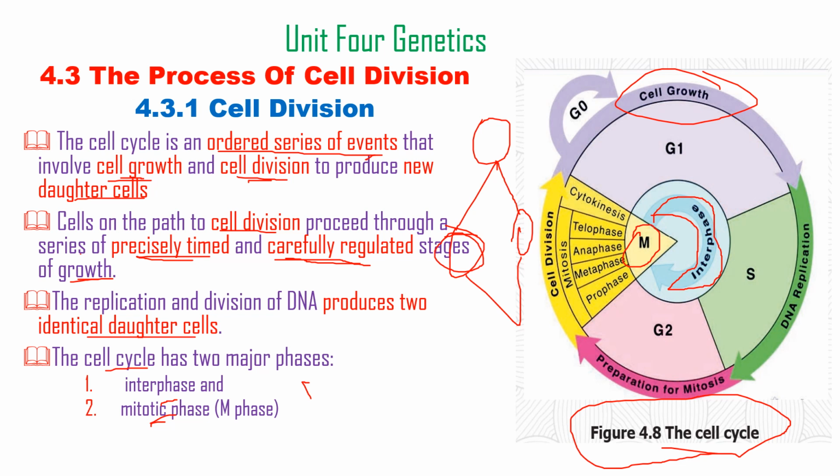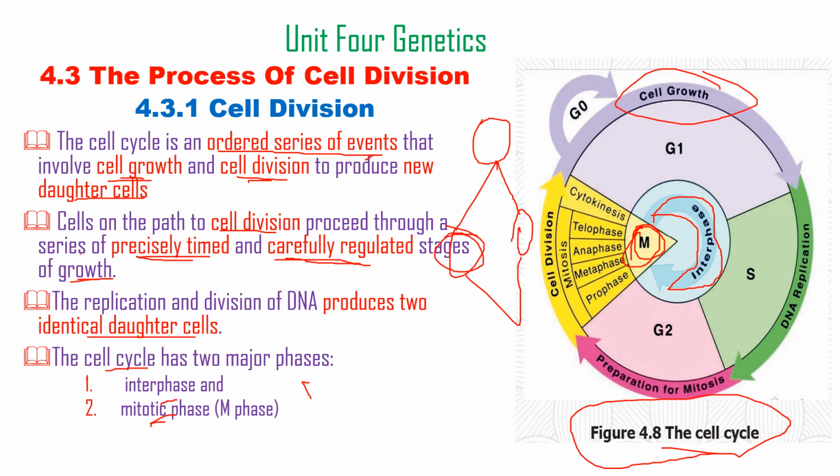So the cell cycle has two main phases: the interphase, which consists of the G1 phase, the S phase and the G2 phase, and the mitotic phase, known as the M phase.